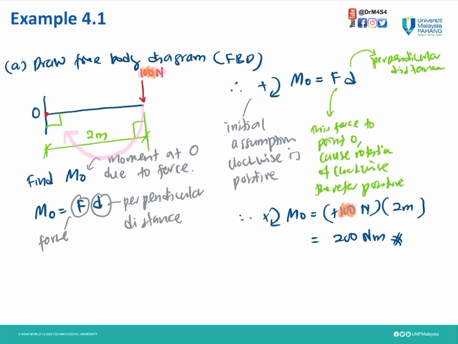To get to point O, this force will cause a clockwise rotation. Therefore it is positive, because our initial assumption is that positive is clockwise. The perpendicular distance is 2 meter to point O. Therefore, our moment at O is 200 Newton meter.